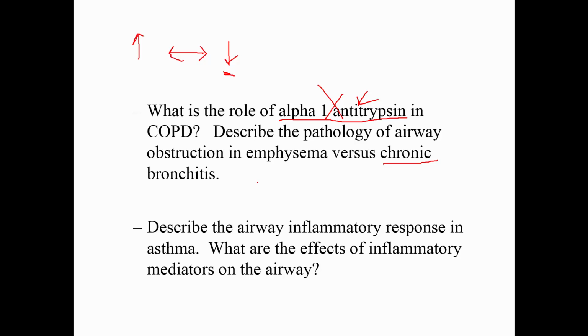In addition, we'll talk about chronic bronchitis, where we have an overproliferation of mucus happening. These are both examples of chronic obstructive pulmonary disease, where the airway resistance is extra high. Now, asthma or reactive airway disease is a problem where, because of inflammation, the airways spasm.